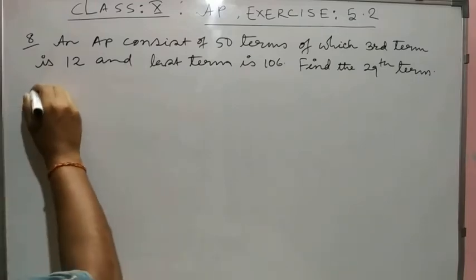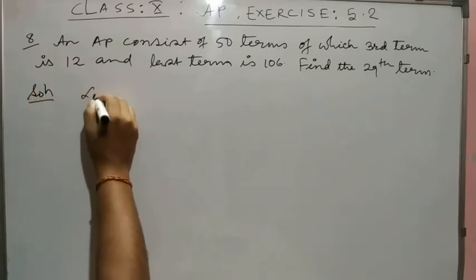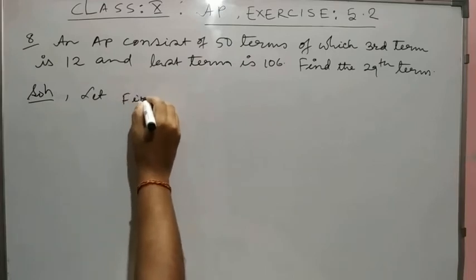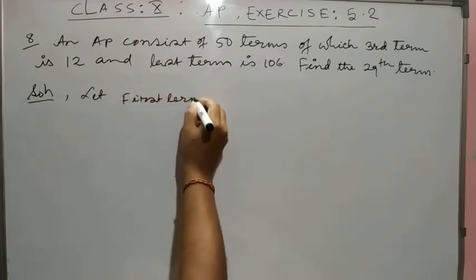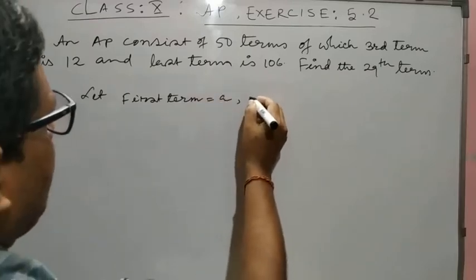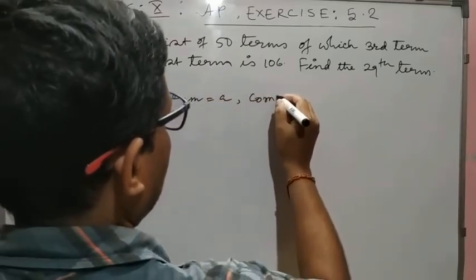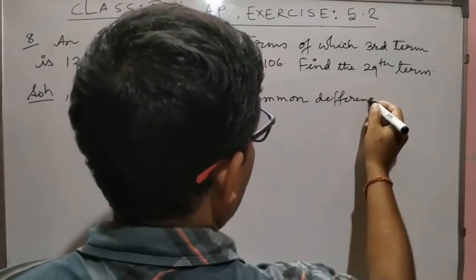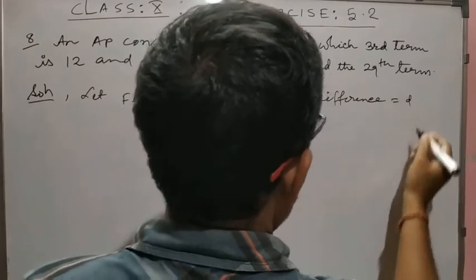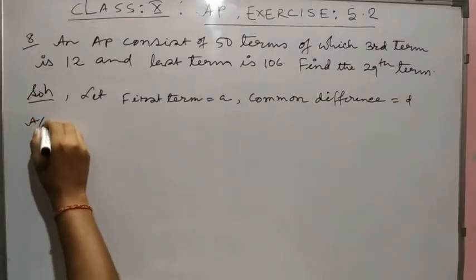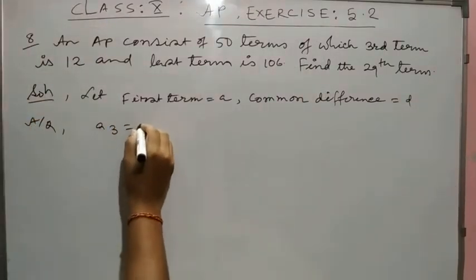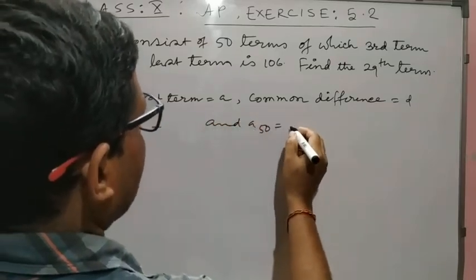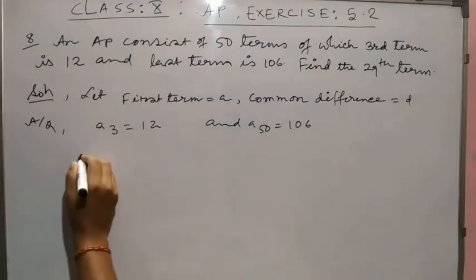Solution. Let the first term equal A and common difference equal D. According to the question, third term A3 equals 12 and A50 equals 106.